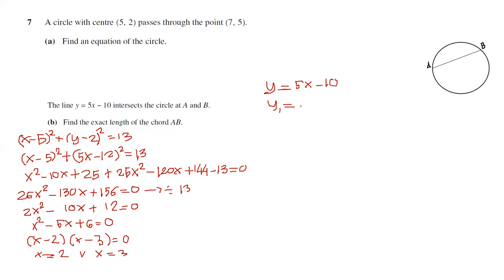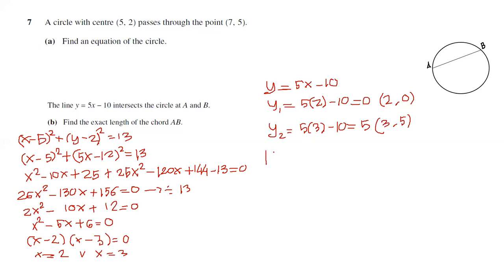So y1 equals 5 times 2 minus 10, which equals 0, and the coordinate point is (2, 0). y2 equals 5 times 3 minus 10, which equals 5, giving (3, 5).